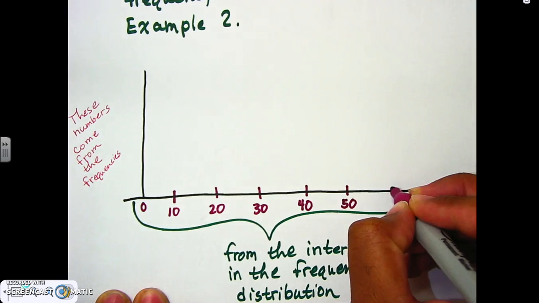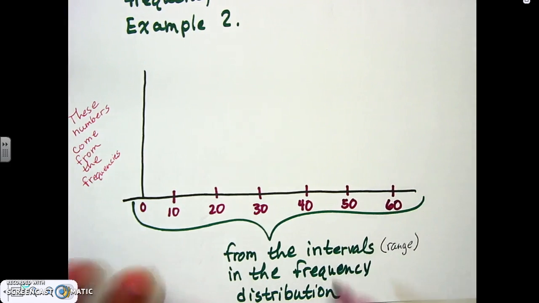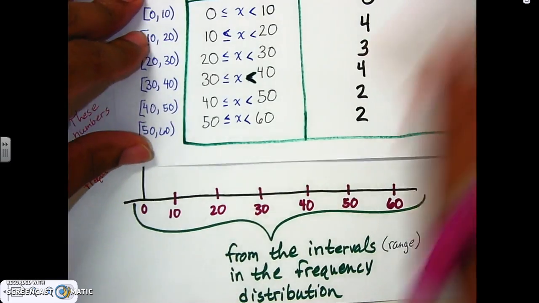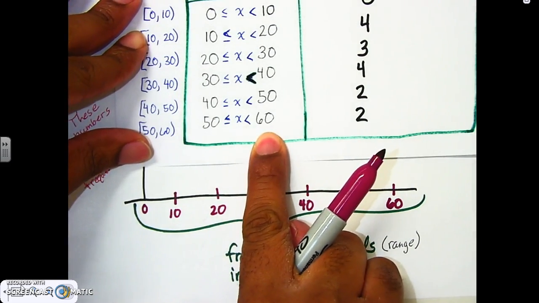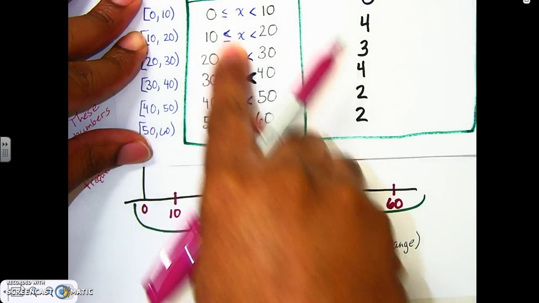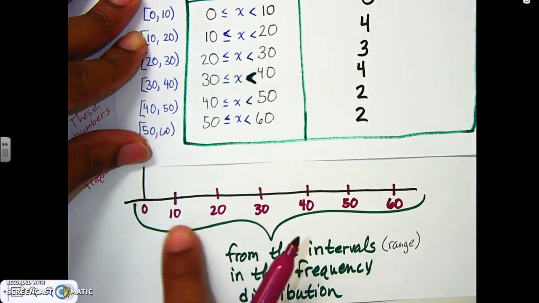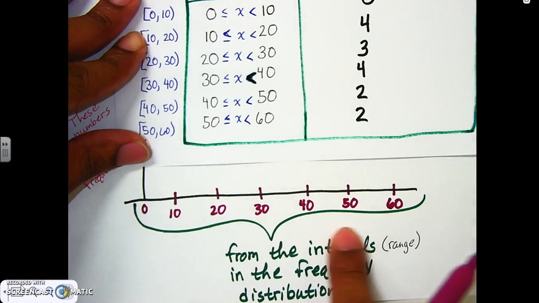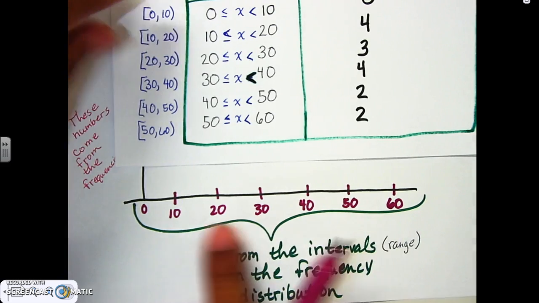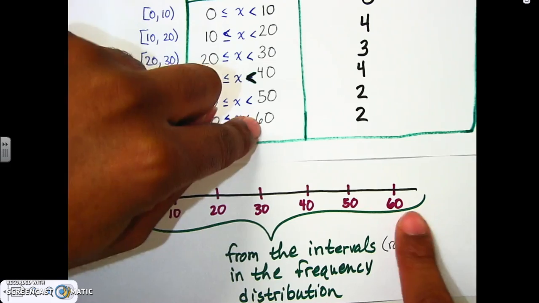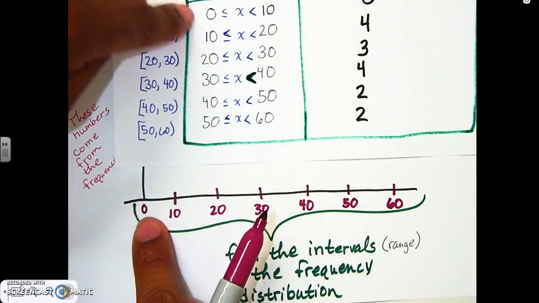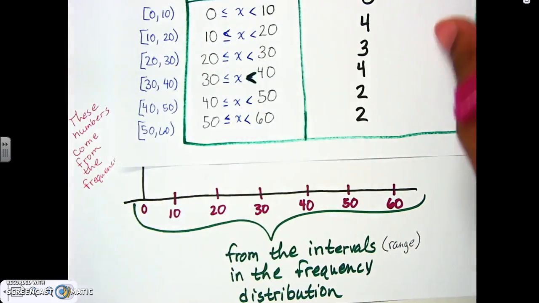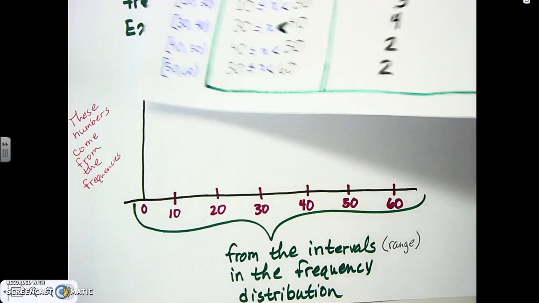And I'm going to stop at 60 because that's where our intervals stopped. If your intervals go past 60, like you go up to 70 or 80, you'll go until you get to that last interval. And again, remember, ours stopped at 60. So we went from 0 all the way up to 60. Whichever one you end on, that's where you're going to stop.